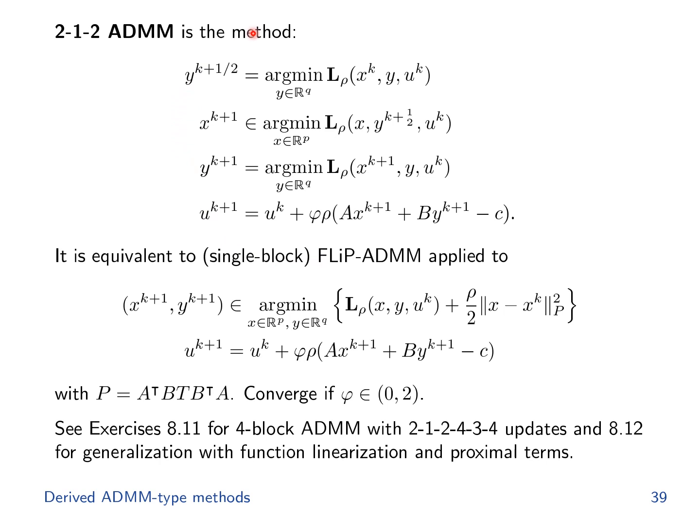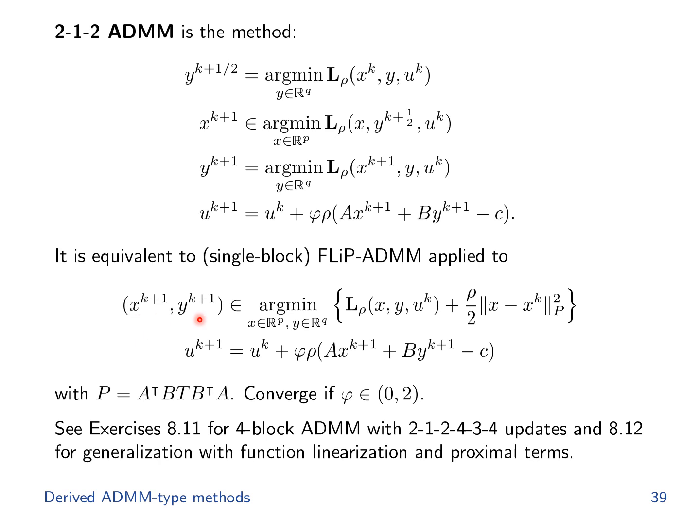It turns out this update, when g is strongly convex with optional linear constraints, is equivalent to a single block FLIP-ADMM applied with this choice of P matrix. That is, we minimize the augmented Lagrangian with this P matrix induced norm, and we're minimizing over x and y jointly, and then followed by the dual update.